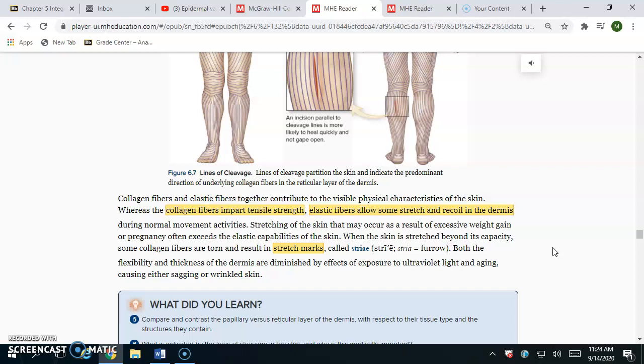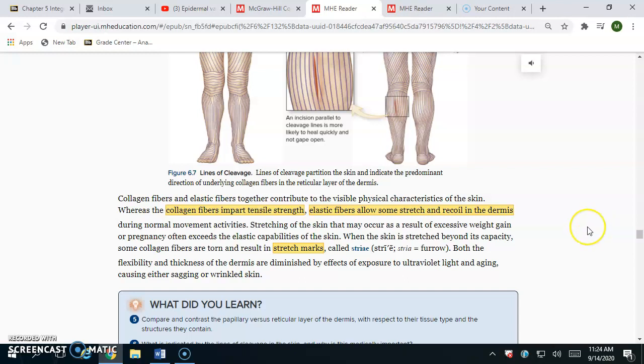That's because of the excessive stretching of the skin and breaking of fibers, and the cells that produce those fibers don't have a fast mitotic rate. They don't undergo mitosis rapidly or often. So once they get broken, you lose them, and they remain torn and don't get replaced. So then you can see some of that with your stretch marks.